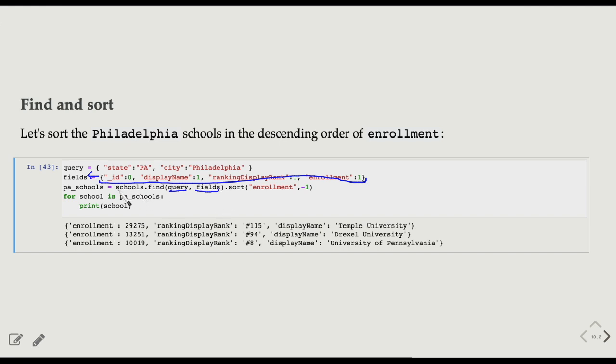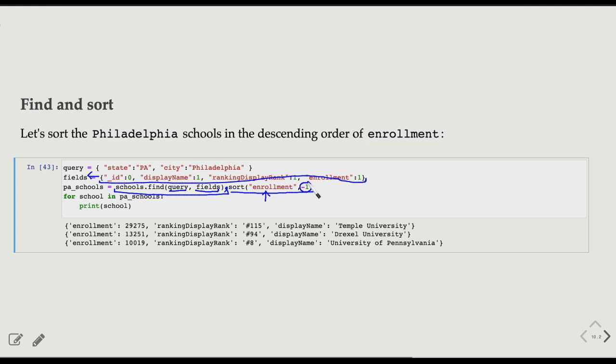So this becomes the second argument. Okay, so this statement here with this find method will return the same 3 universities in Philadelphia. But this find method is followed by a sort method, okay, to sort the retrieved documents from MongoDB. So what we do here is to sort by the enrollment number.